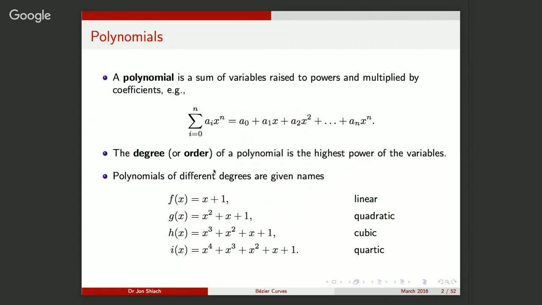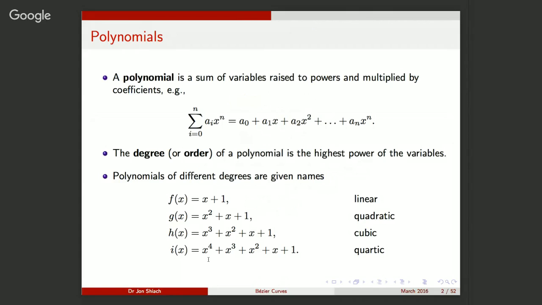Well, we refer to the degree. The modern parlance seems to be degree; I've always used order, but they seem to be interchangeable. The degree of a polynomial is the highest power of the variables. So for example, at the bottom here, we have what we call a fourth degree polynomial or a fourth order polynomial, because the highest power of x is 4.